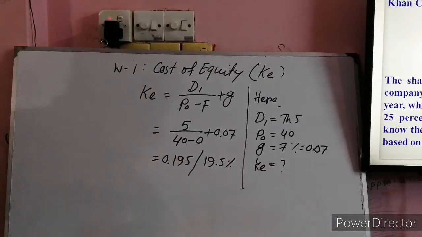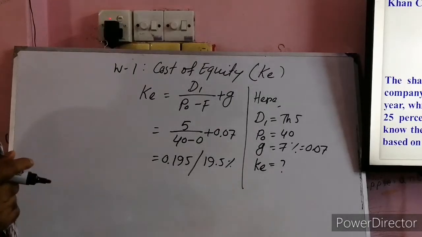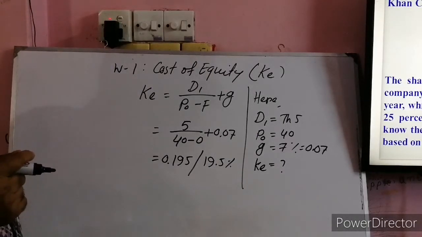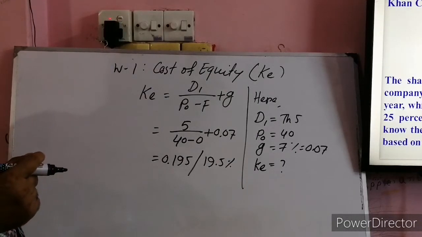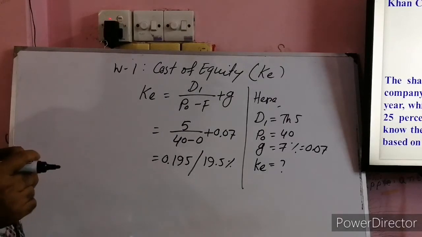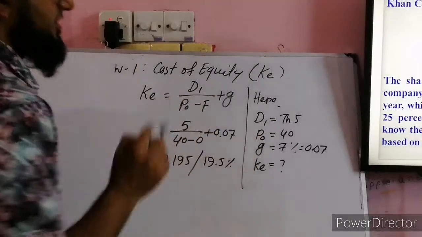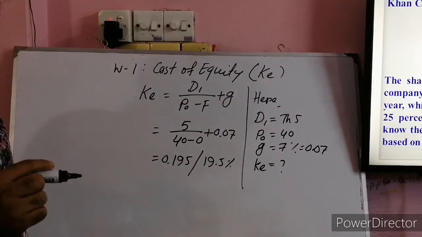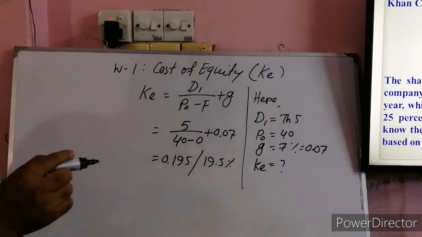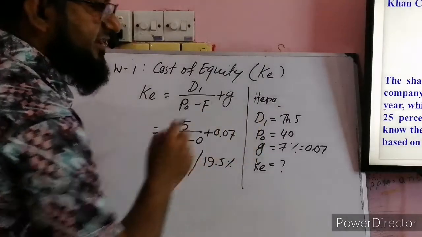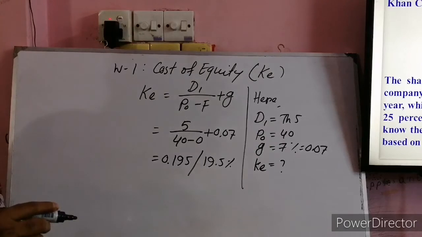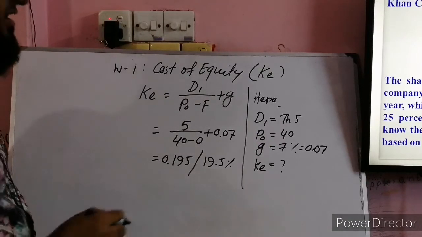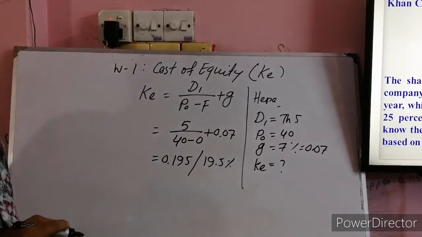So my dear student, what we have learned from our story and the data provided was the share of a company sells for taka 40, that is market price of the share is 40. Company's expected dividend for the next year is taka 5 per share. So 5 will be D1, which has a growth rate of 7% forever, that is g is 7%.